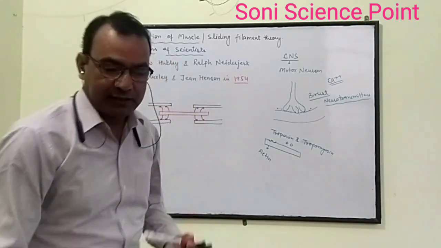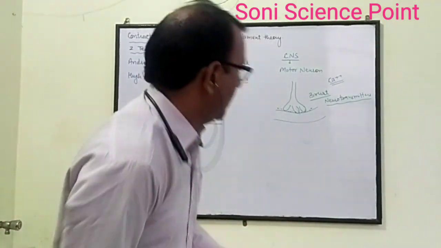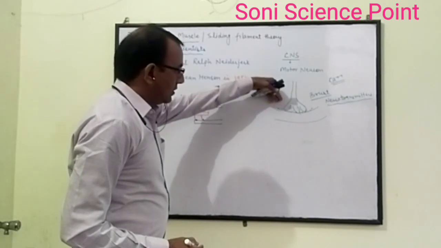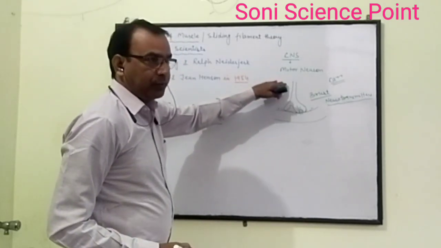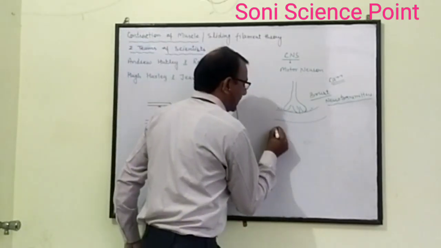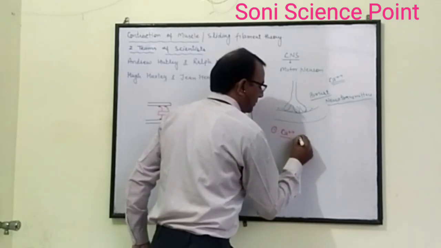The first step is that neurotransmitters are transferred to the muscles with the help of the motor neuron in the presence of calcium concentration.